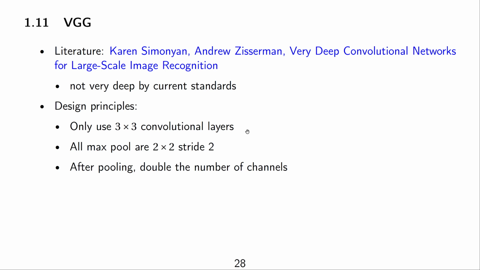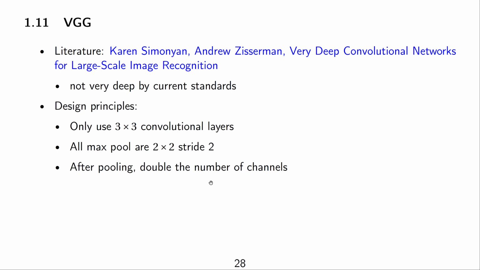So, for example, a combination of 2 3x3 convolutional layers would have the same footprint in the original image as 1 5x5 convolutional layer. All max pools are 2 times 2 stride 2. This is the more straightforward choice. And after pooling, we double the number of channels.